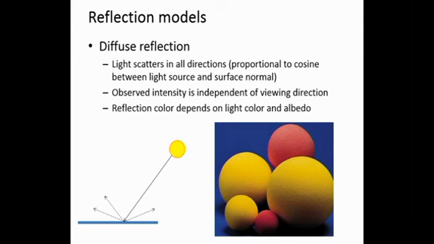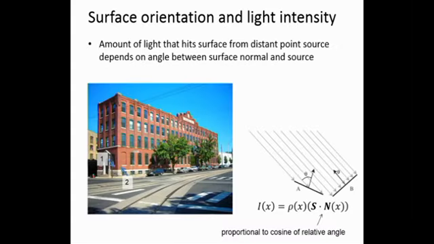So the reflection color does depend on the light color and on the albedo. This is just saying again that the amount of light that hits a surface from a distant point, or from any illumination really, depends on the angle between the surface normal and the source. Just to restate, this is a dot product between a vector that tells you the direction of the light source times the intensity of the light source, just modeling intensity as a scalar instead of depending on wavelength.